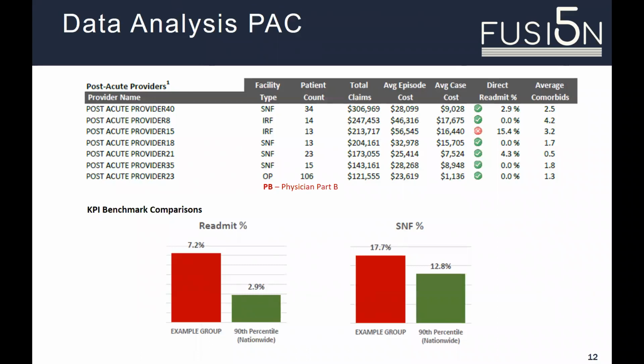So obviously we've got some work to do to be in that top 10%. And the same is true with the skilled nursing utilization. Your group, or this example group, has a 17.7% utilization, where the top 10% has a 12.8. So that's just a quick visual to show where you are compared to the top 10% of performing groups.